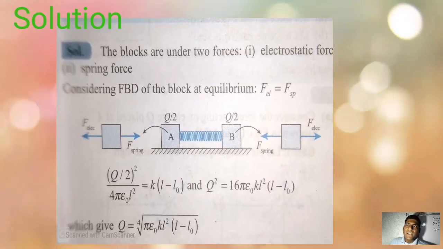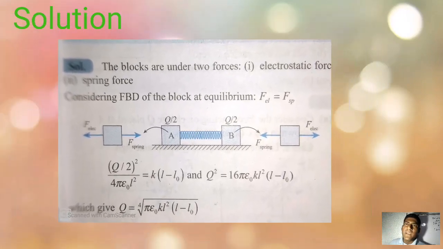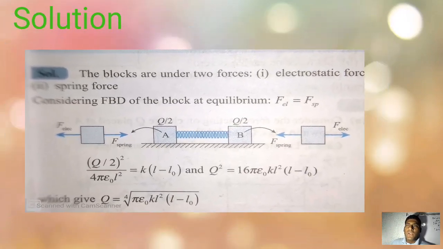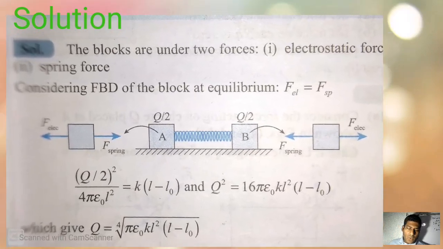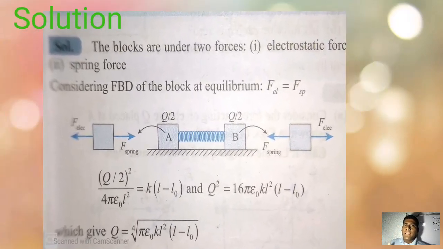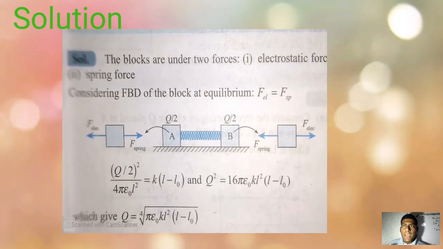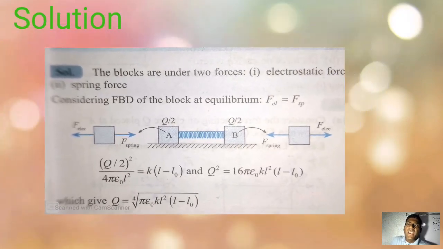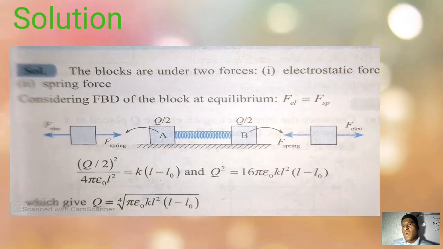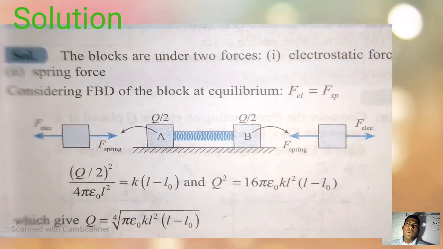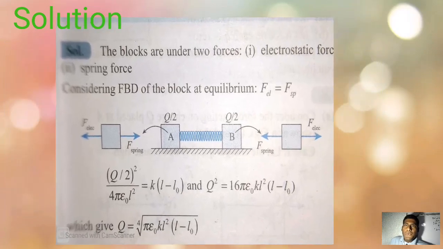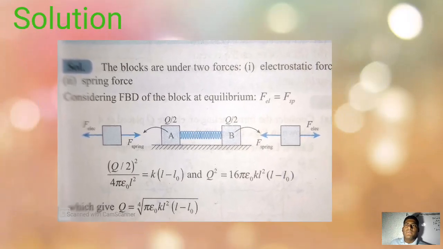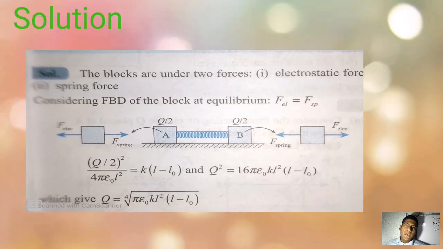Here the electrostatic force can be written from Coulomb's law as 1 by 4 pi epsilon 0 times (q by 2) whole square by L square, as the total charge Q is distributed on the two blocks as q by 2 and q by 2, which we know from our previous problem from the principle of distribution of charge.